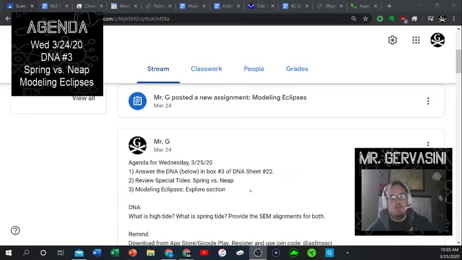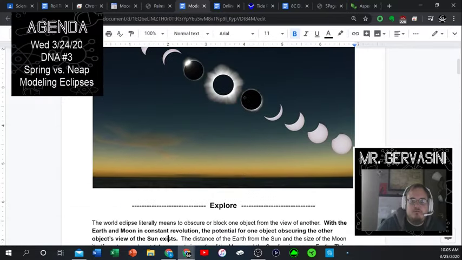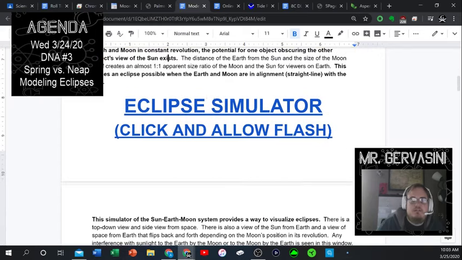All right. And then modeling eclipses, jumping to the next assignment, doing the explore section. If you've already opened it, you kind of already have an idea, but I'm going to go through just the very beginning, read a little bit about the eclipses, open up the simulator, show you how to allow it because it does run Flash. HTML5 is better.